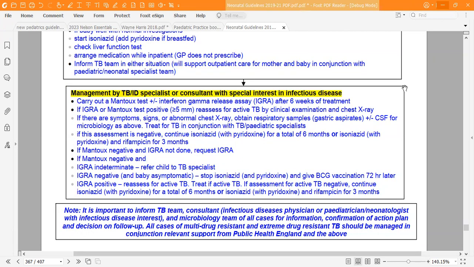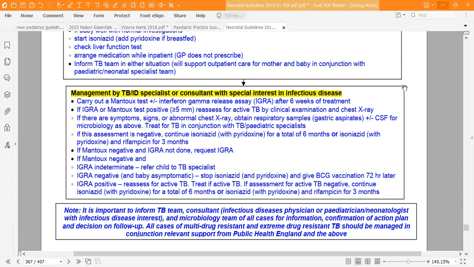If IGRA or Mantoux test is positive, meaning there is induration of more than 5 millimeters in size, we are going to reassess for active TB by clinical examination and chest X-ray.